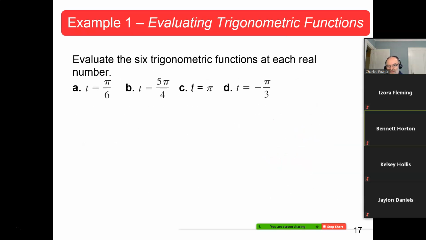So here we have, evaluate the 6 trigonometric functions for each of these real numbers. So t is equal to pi over 6.